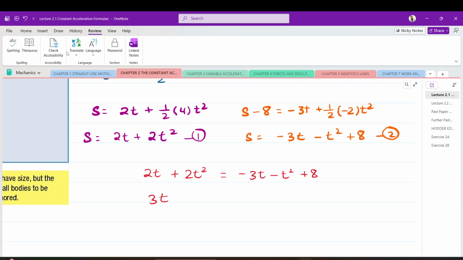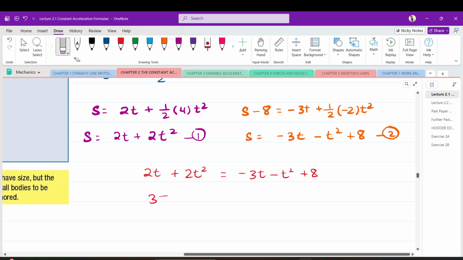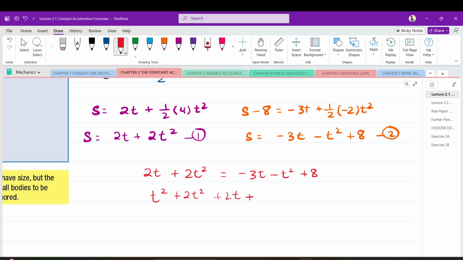Let me first write down t squared. This minus t squared goes to the other side and becomes positive t squared, and this is already here, which is plus 2t squared. Then this plus 2t adds with this 3t. This minus 8 goes to the other side, so we get 3t squared plus 5t minus 8 equals 0. So this is now a quadratic equation.